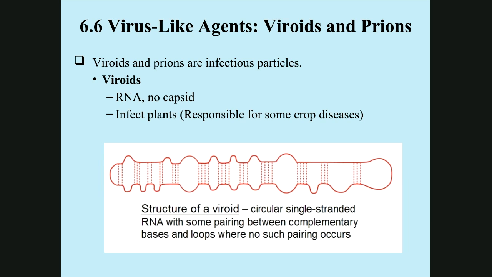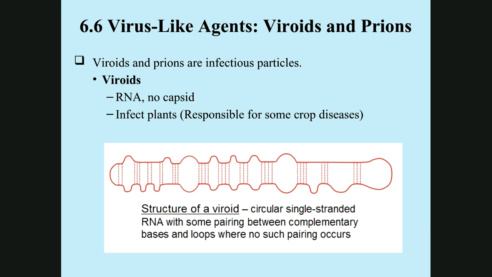It's just this little circular piece of RNA with A's, U's, C's, and G's, adenine, uracil, guanine, cytosine. And that's it. It doesn't have any cover on it. It seems like it would be harmless and easy to destroy, but because it doesn't have any protection, it's kind of protected in its simplicity.